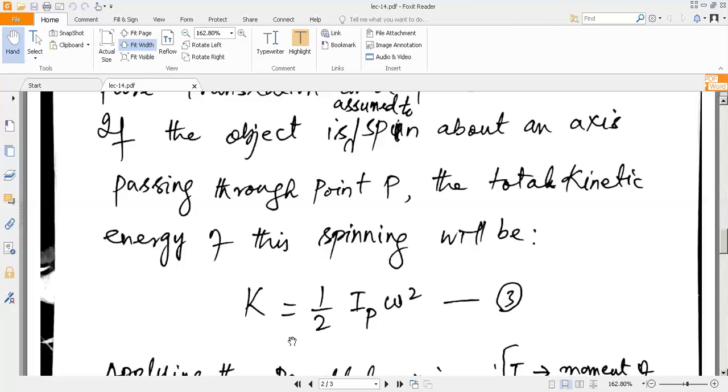If the axis of rotation of the object does not pass through the center of mass, it passes through another point, which is the pivot point of the object. In this case, when the pivot point and center of mass are not coinciding, they are two different points, then we apply the parallel axis theorem.